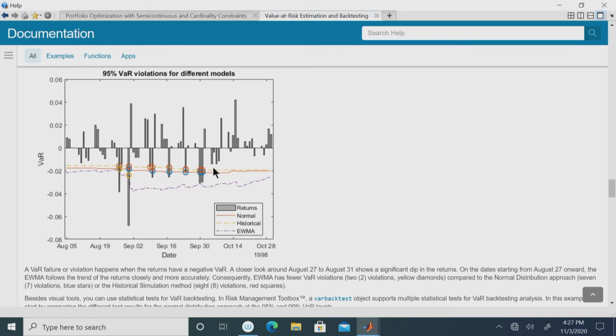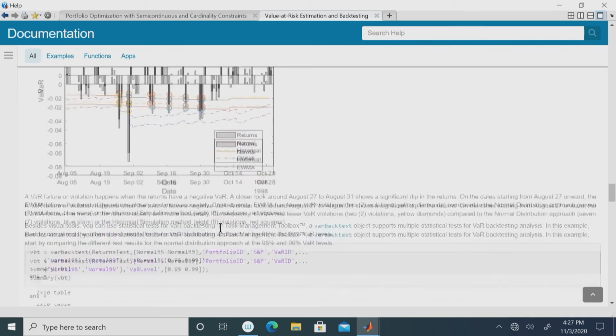So, you expect the maximum number of violations in the historical line, then the normal distribution line, and finally EWMA, which is what actually happened. For historical there were 8 violations, for the normal approach 7 violations, but for the EWMA approach only 2 violations.